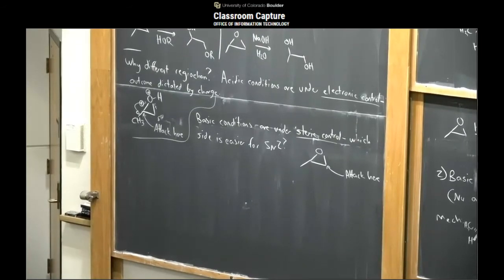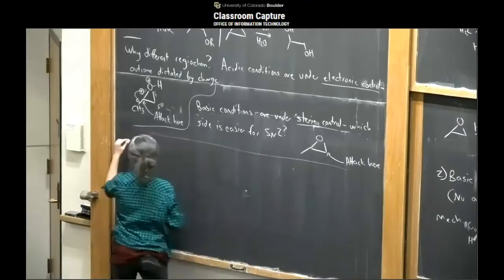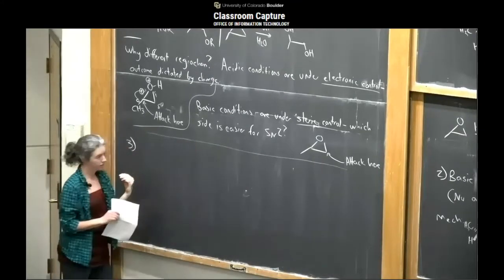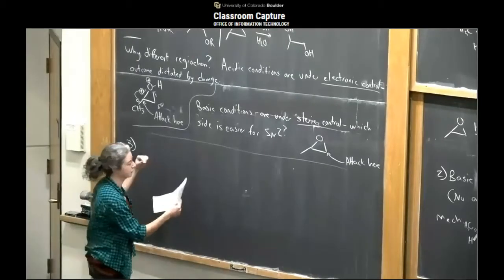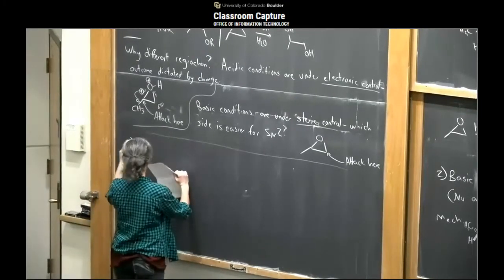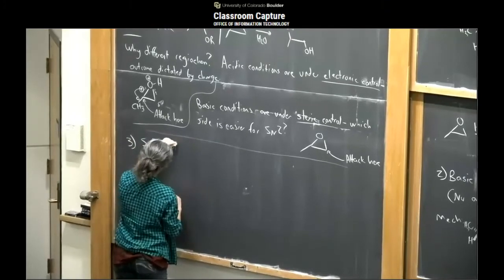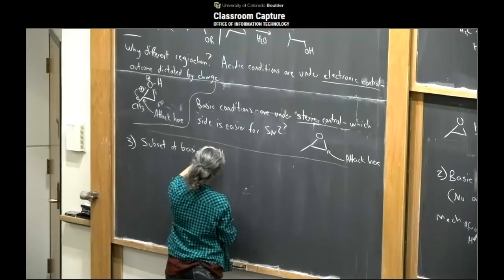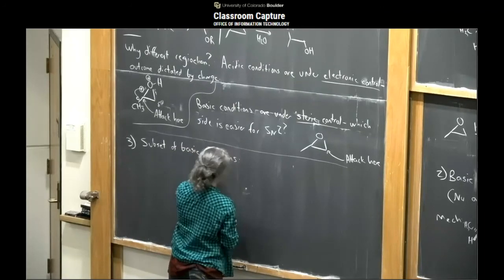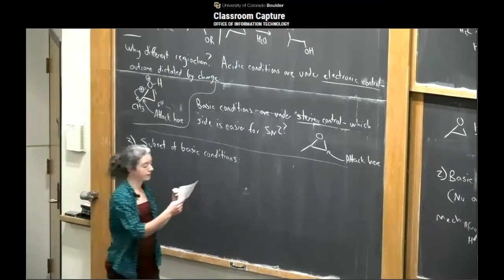Okay, cool. So the third category that I'm going to get into is probably the most long-term useful out of all of these, but it's a subset of basic conditions. And this is specifically using a very strong base, which is an organometallic.